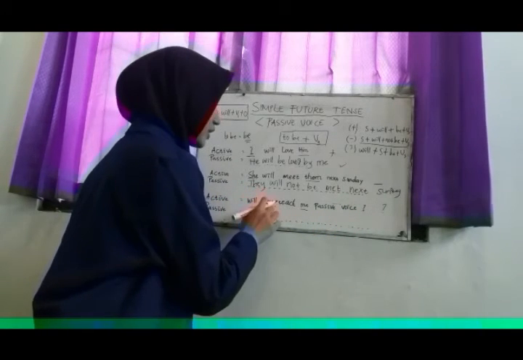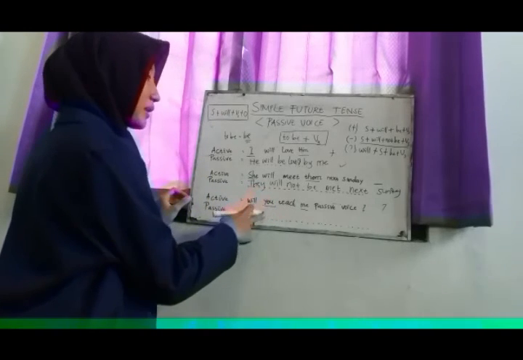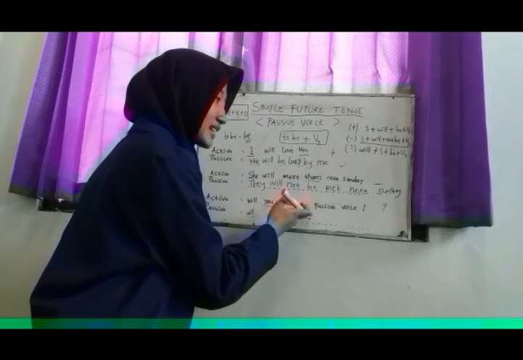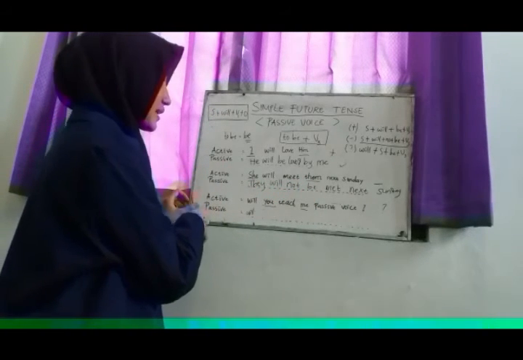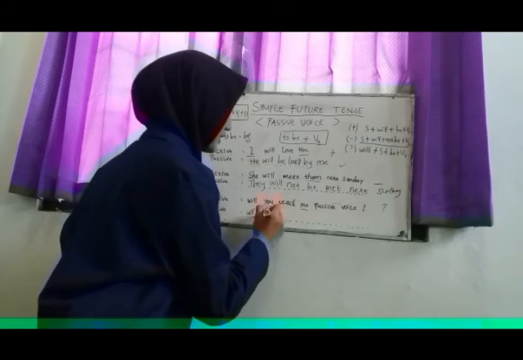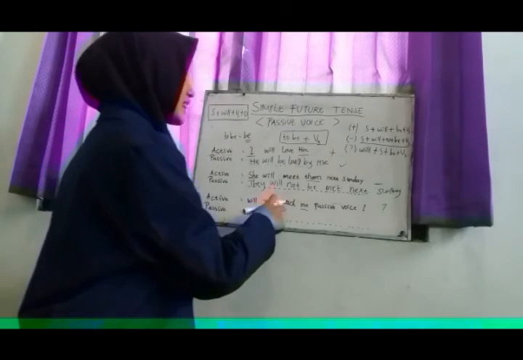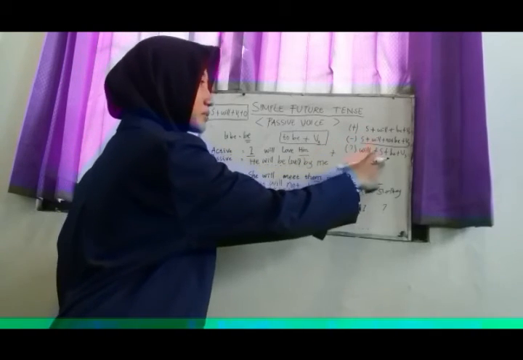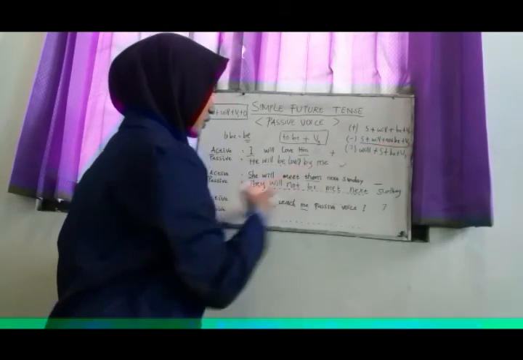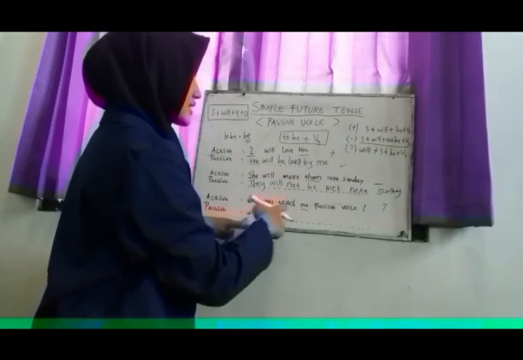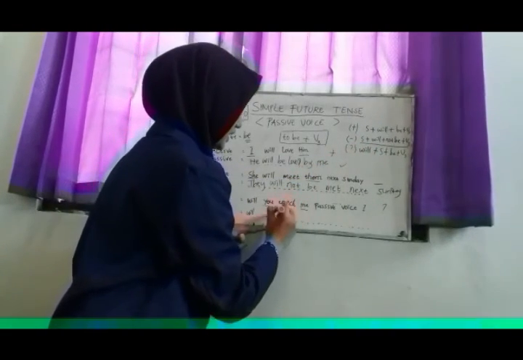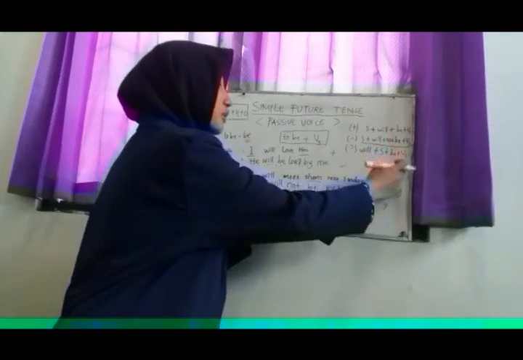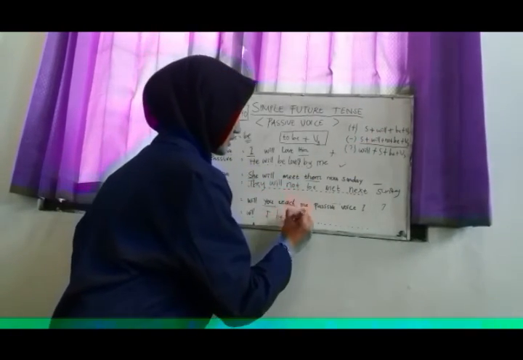Will. You, because this is subject, but in passive voice is not the subject. So me, this is the object in passive voice. Me becomes I. Teach, because this is the formula: will, subject, be, and verb 3. So will, subject is I, be, will I be, teach, in verb 3 is taught.